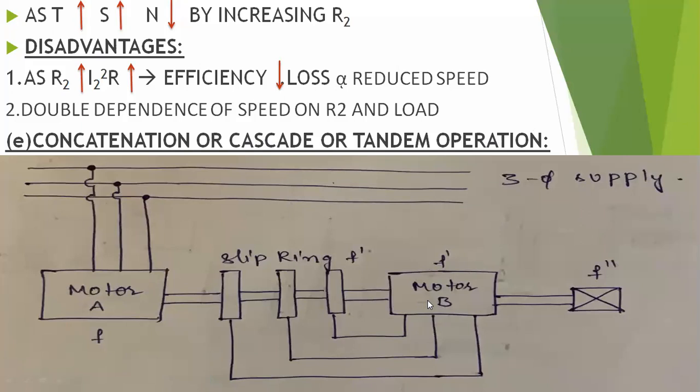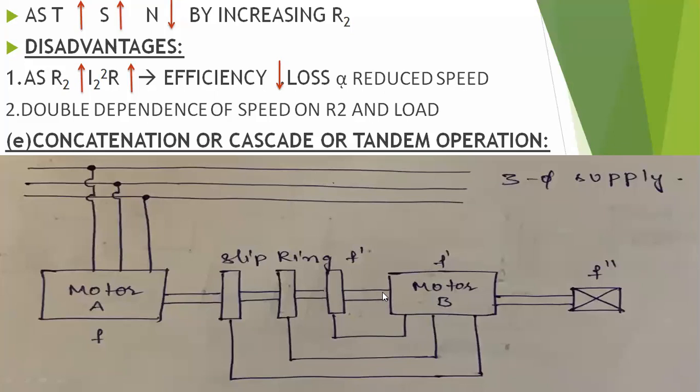I will explain the diagram. Here two motors are used, and these two motors are mounted on the same shaft. What is the main aim of putting them on the same shaft?